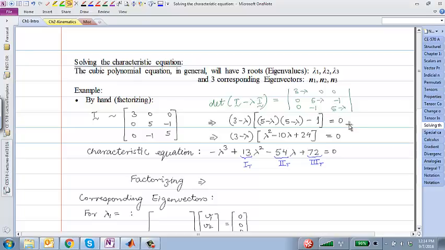And indeed, we want to solve for values for which this is 0. I've done most of the algebra here, so you don't have to calculate all of that. You'll see that we get this equation where 13, 24, or 54 and 72 are the coefficients that you would get just by doing multiplication. This would be the first invariant, second invariant, third invariant.